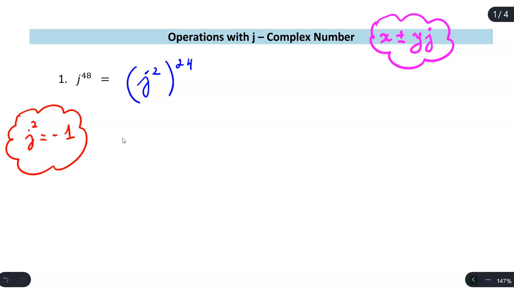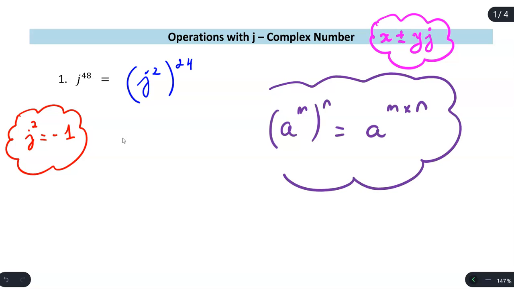As we know, a raised to exponent m, all of it to the exponent n. I'm talking about the power rules here. Then I will multiply these two exponents. If I raise a power to an exponent, then I must multiply the two exponents. So 2 times 24 will give me 48.